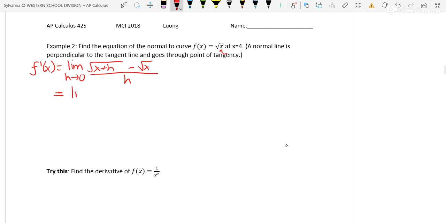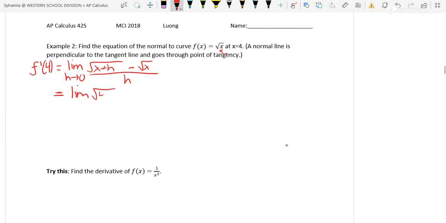Instead of finding the general derivative, I can actually find the more specific derivative of when x is equal to 4. So we can find the specific derivative at x equals 4 right away using this formula, and we can do that by plugging the 4 into where x is.